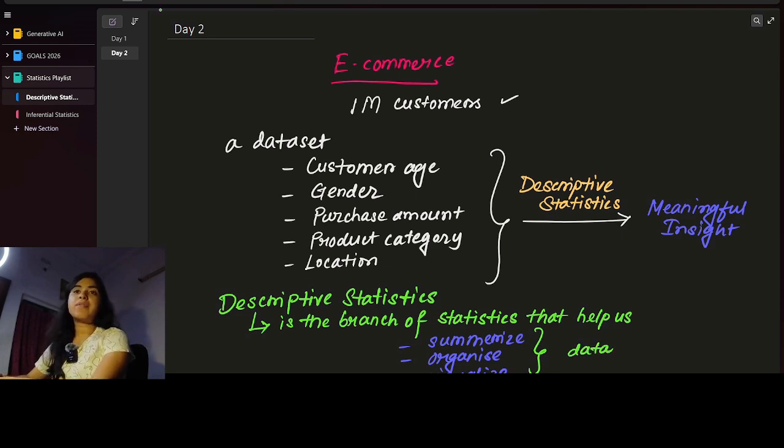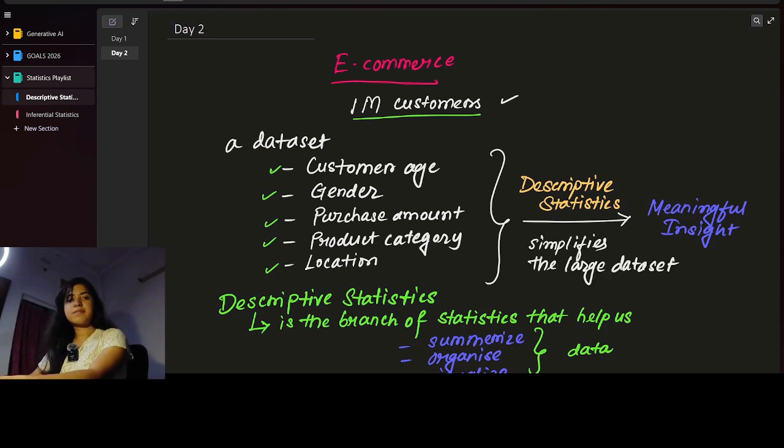So if you have this 1 million customer data on different factors, descriptive statistics is here to make it into meaningful insight. That is how it can simplify the large data set.